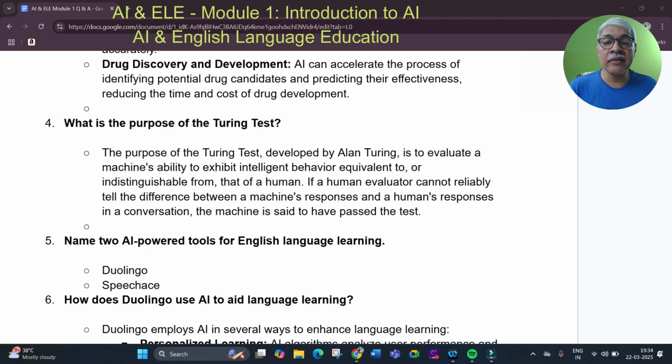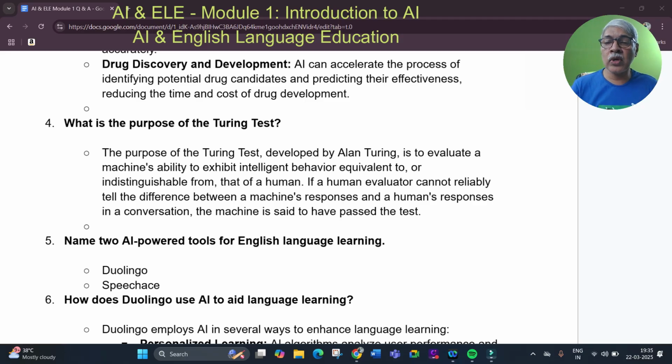So if a human evaluator cannot reliably tell the difference between a machine's response and a human's response in a conversation, the machine is said to have passed the test. So if the machine's ability is almost the same as human intelligence, then this particular machine has passed the test. And this is the purpose of the Turing test.